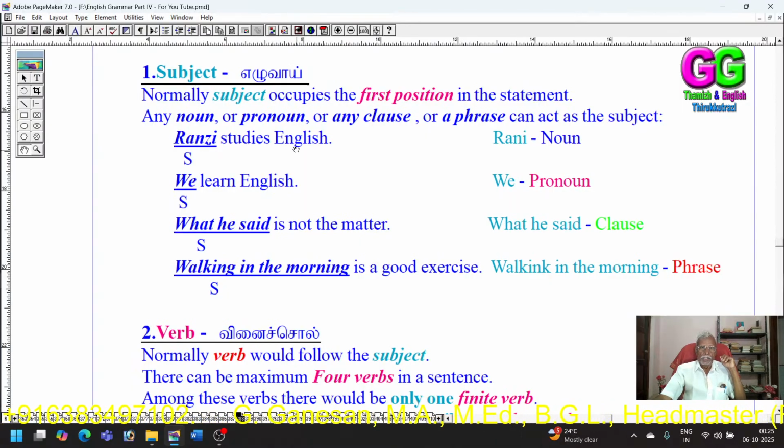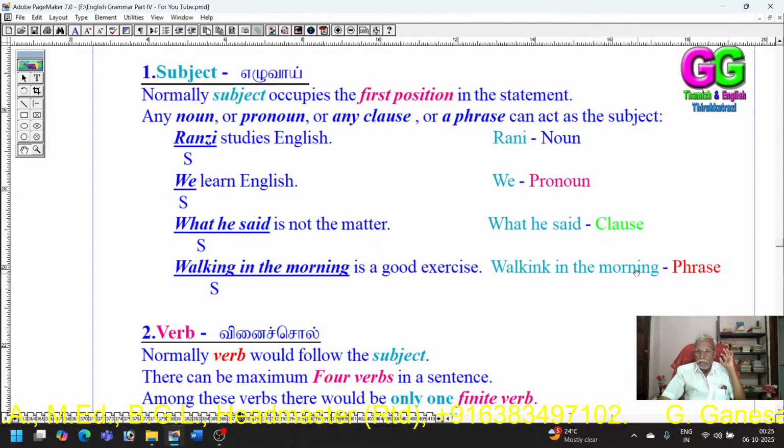Rani studies English. Here, Rani is the subject, a proper noun. We learn English. We, a pronoun. What he said is not the matter. What he said, these three words, this clause, is the subject. Walking in the morning is a good exercise.